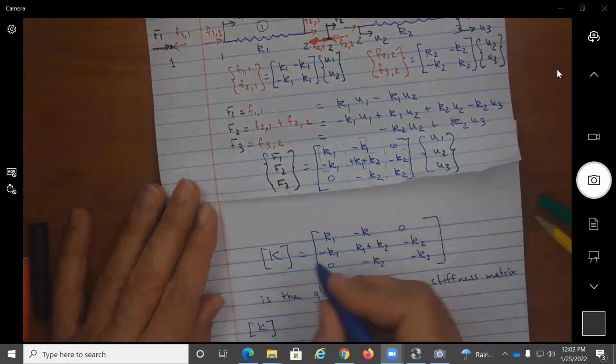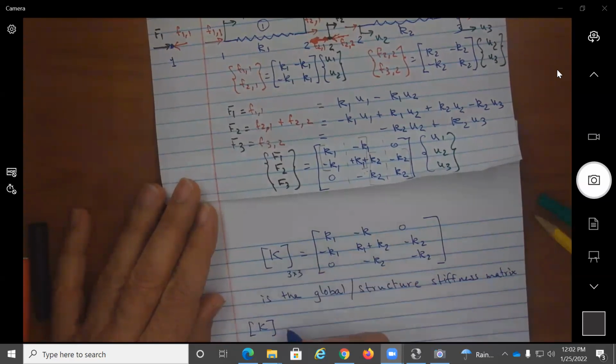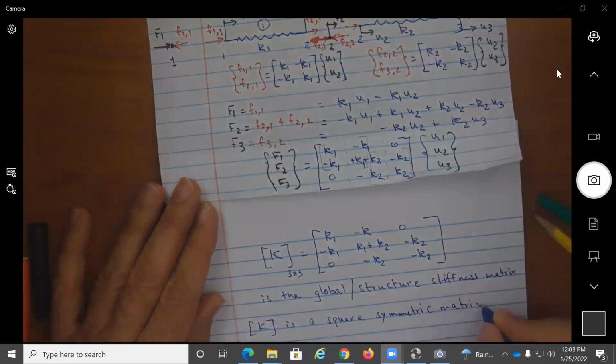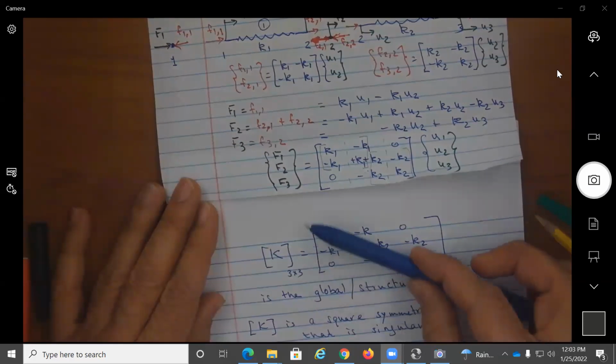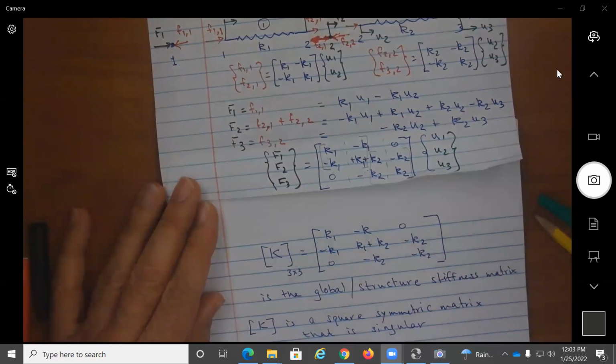K, of course, this is a 3 by 3, is a square symmetric matrix that is singular. So you see here the diagonal. The diagonal elements of K are always going to be positive.